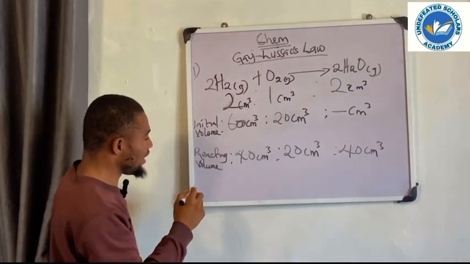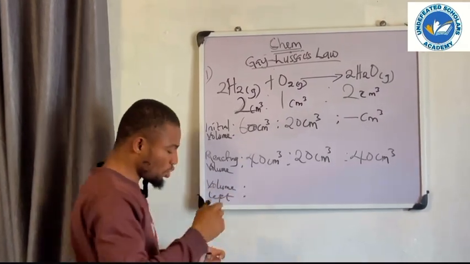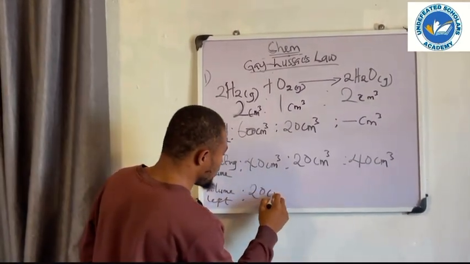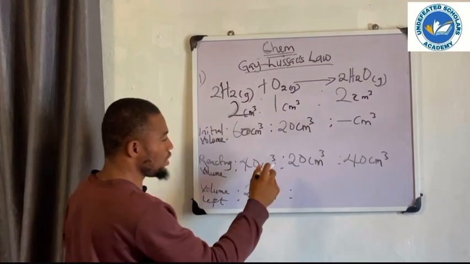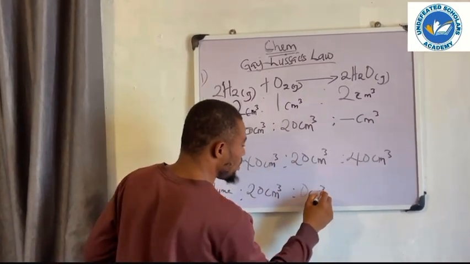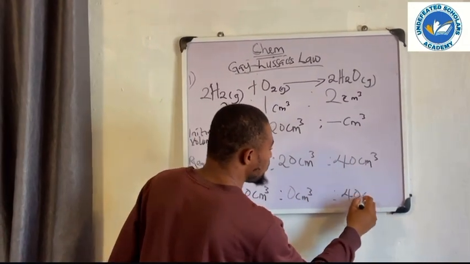So we now check the volume left. You subtract 60 minus 40, which is 20 cm³. For oxygen, 20 minus 20 is 0 cm³. And 40 cm³ of steam formed.